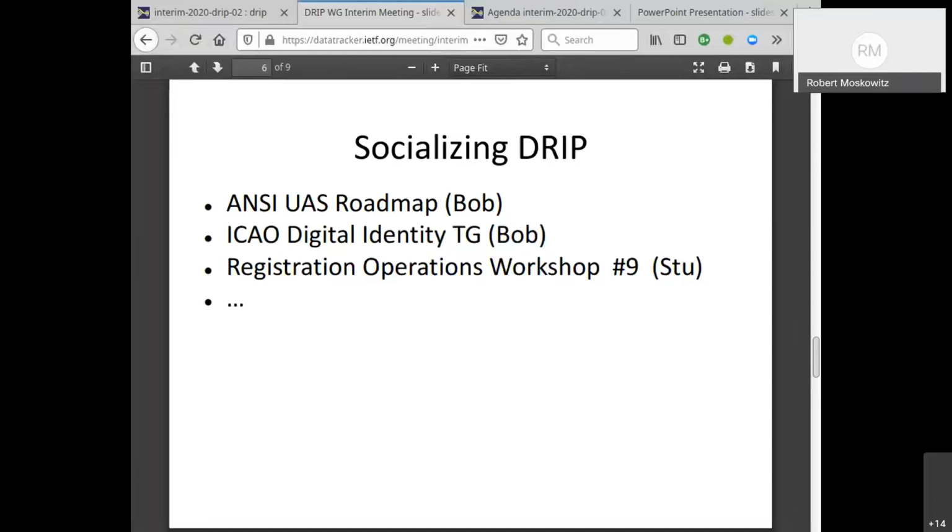So we have quite a bit to say in that. They are interested. Stu is the one who got our foot in the door on that. We should probably let him speak to how that's progressing, but we expect to be able to have considerable input into this ICAO digital identity effort. Stu?